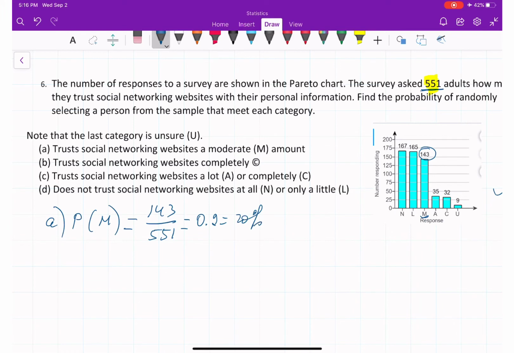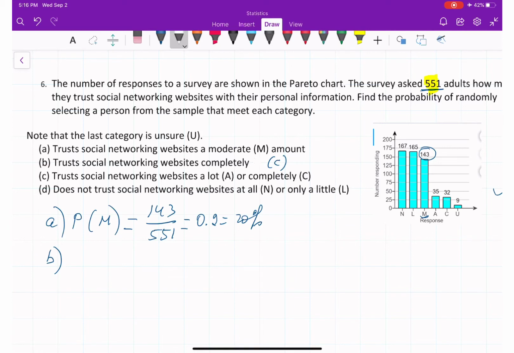B, trust social networking websites completely. This is supposed to be C. Social networking websites completely. How much do we have for completely trusting?